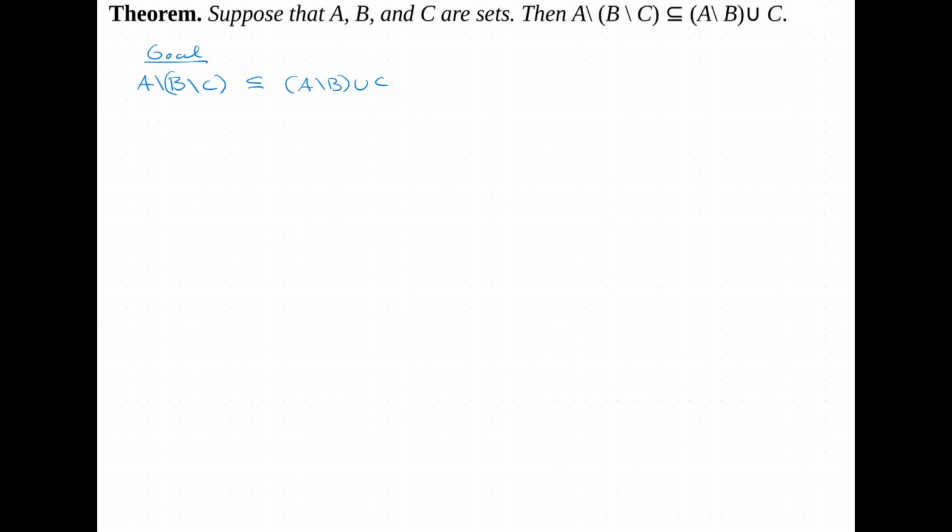Well, if we use a definition for this, we know that this here will be for something of the form: for all x, x is in (A minus B) minus C implies x is in A minus (B union C). And so we can restate the approach as taking some x in (A minus B) minus C, and we want to show that then that x is in A minus (B union C).